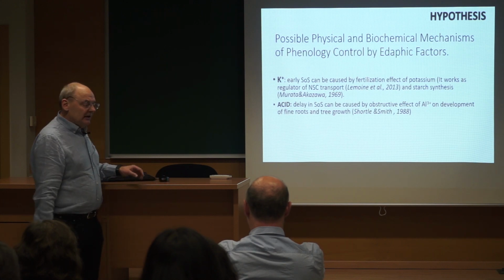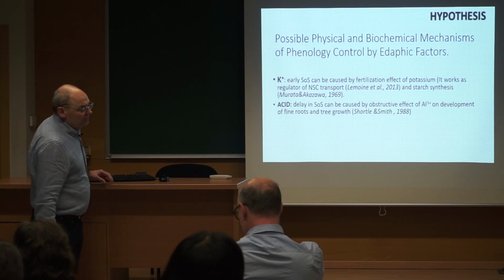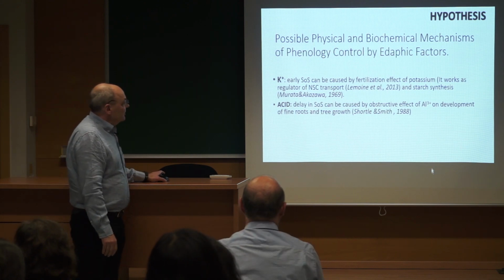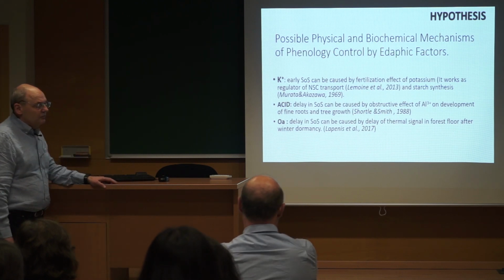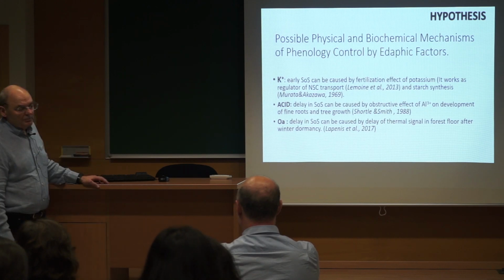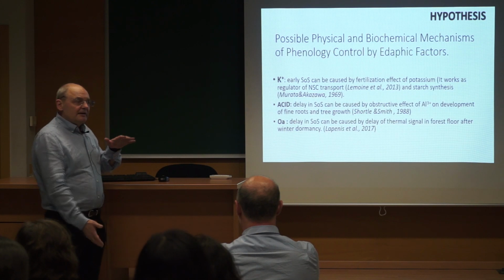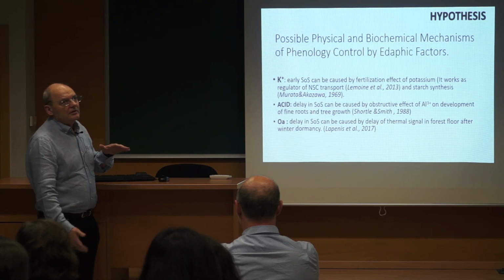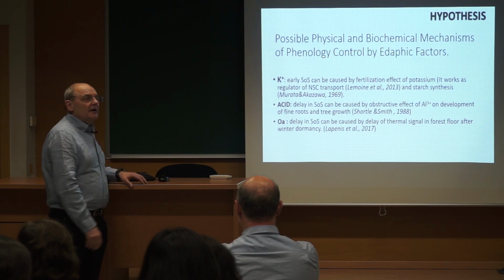So if you have an increased concentration of aluminum, that will slow down the spring in this particular watershed. Finally, our hypothesis about the thickness of the forest floor. As I mentioned before, the forest floor is a thermal blanket. The thicker the blanket, the longer it takes for the heat wave to reach and warm up all the roots after winter dormancy.